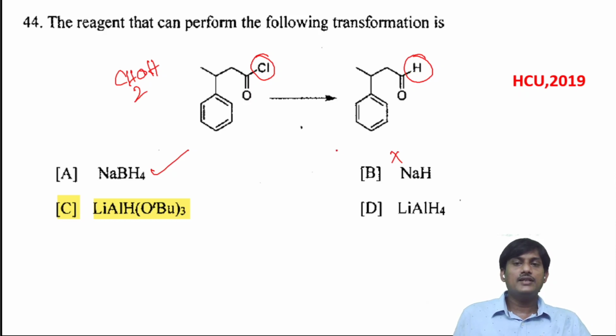There is no further reduction of the aldehyde into alcohol, so this stops at the aldehyde and prevents the conversion of acid chlorides into alcohols. Lithium aluminum hydride is a very active hydride, so it converts COCl into CH2OH. What is the correct option? Lithium aluminum tri-tert-butoxy hydride.